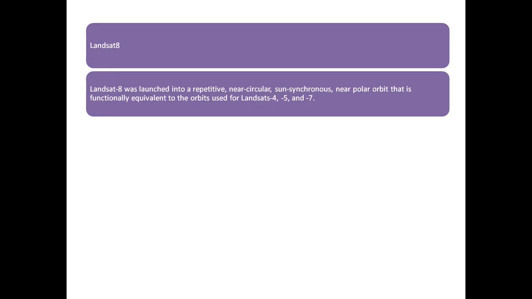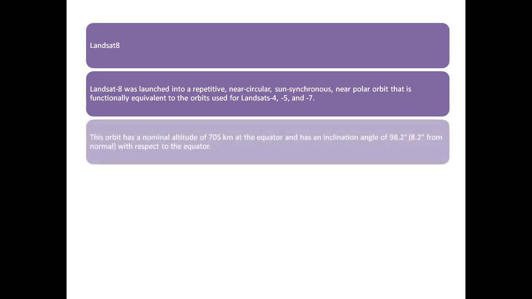Landsat 8 was launched into a repetitive near-circular sun-synchronous near-polar orbit that is functionally equivalent to the orbits used for Landsat 4, 5 and 7. This orbit has a nominal altitude of 705 km at the equator and has an inclination angle of 98.2 degrees with respect to the equator.